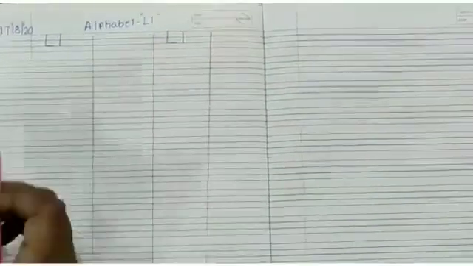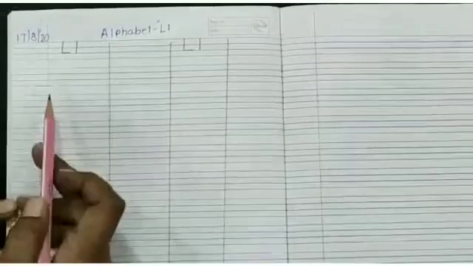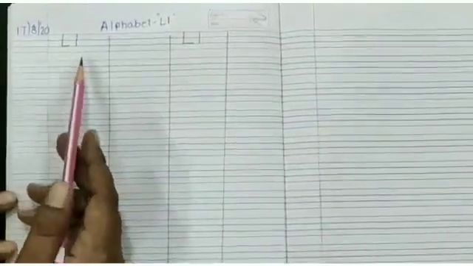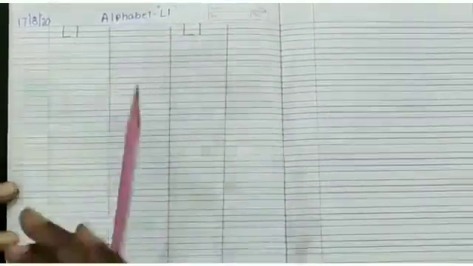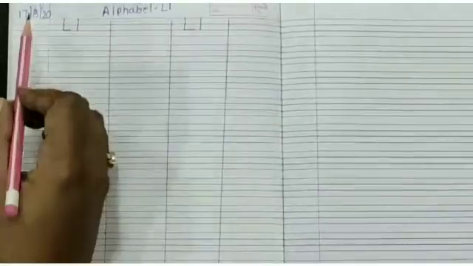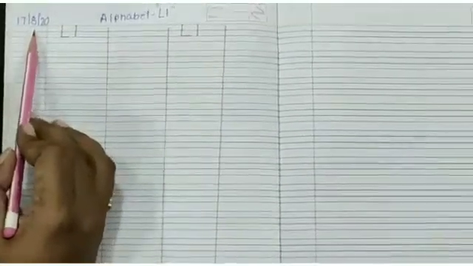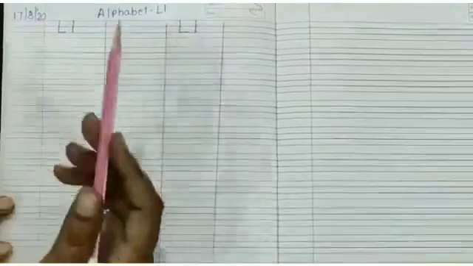Today I will show you how to write alphabet L in English notebook. Now let's write capital L and small l in our English notebook. Today's date is 17th August 2020.